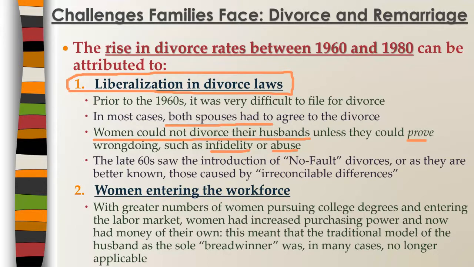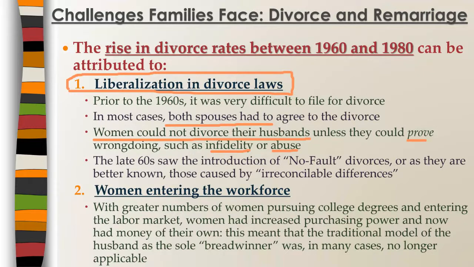And back in the 1960s, there were no cell phone trackers, or you couldn't get somebody's cell phone text message records, financial records, all that. It wasn't so easy to prove infidelity unless you hired a private investigator.